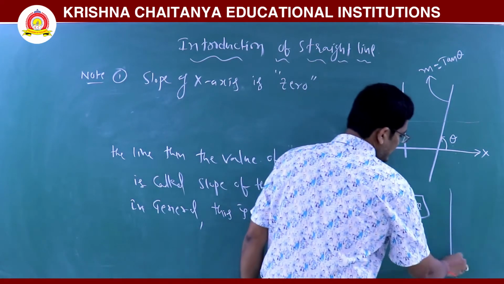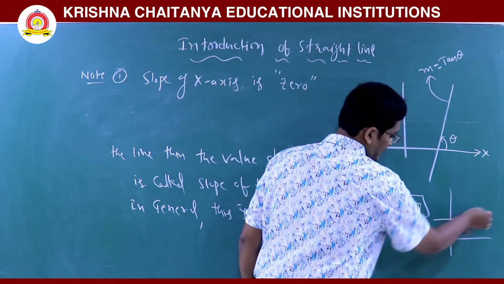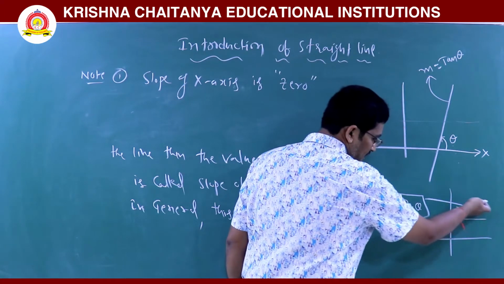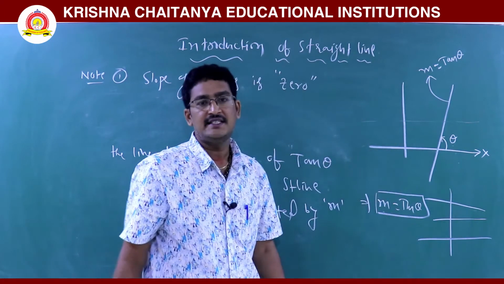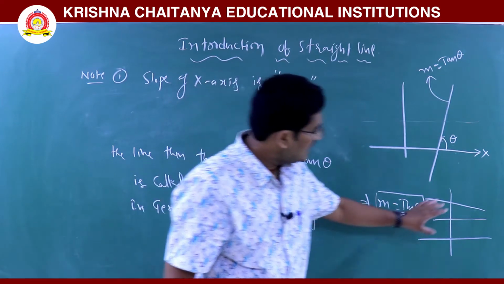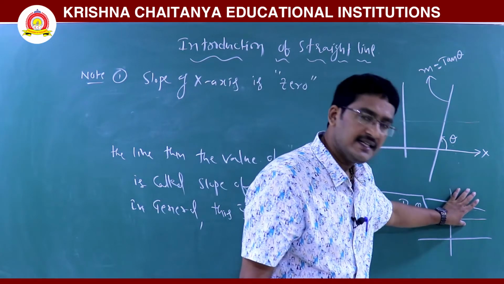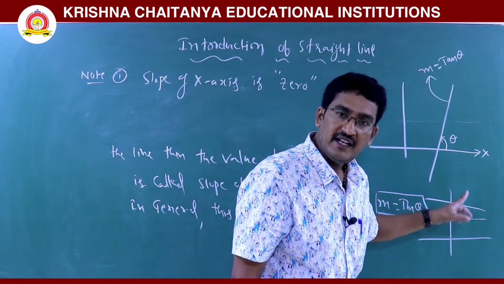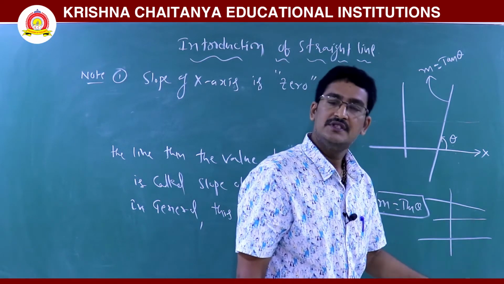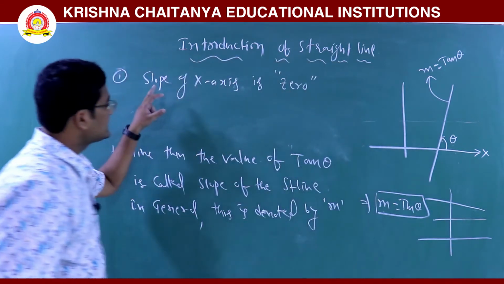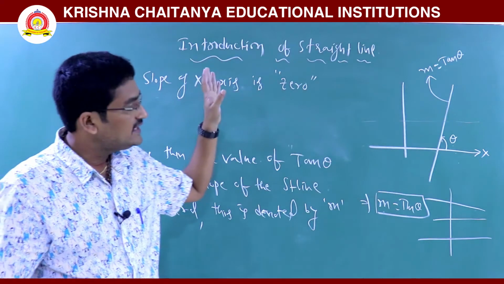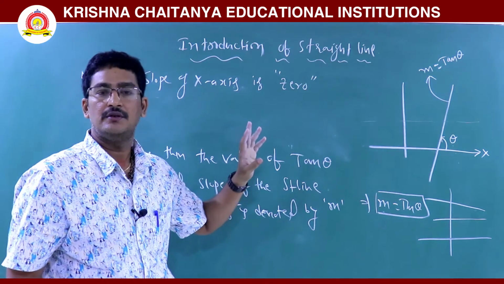It is like the x-axis. All the horizontal lines have inclination 0, you know. So, every such line's slope is tan 0. That means slope of the x-axis is 0 and slope of any horizontal line is also 0.